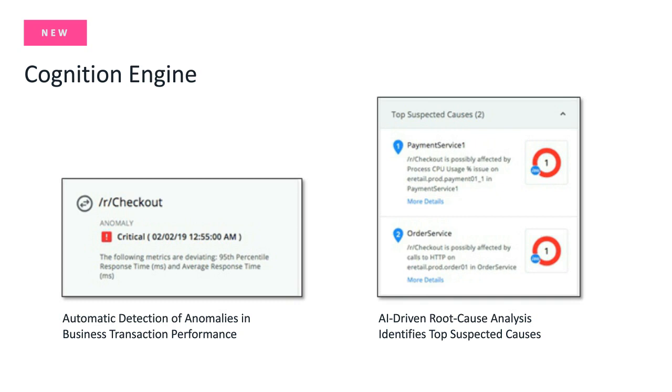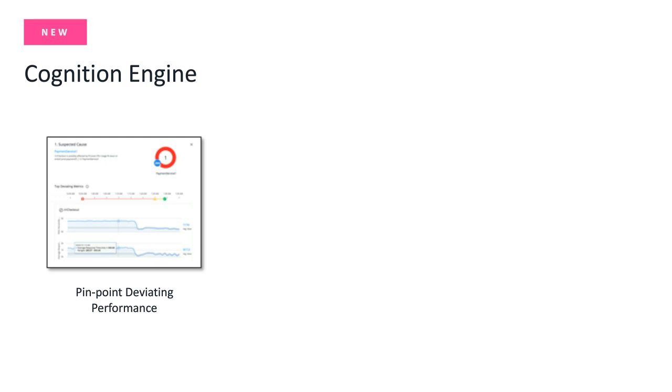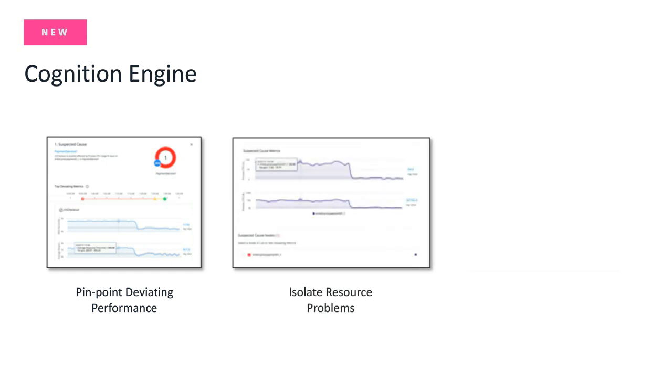So here we can see screenshots from the user interface. And Rob Bolton will be going over the demo of Cognition Engine shortly. Cognition Engine is used to really pinpoint deviating performance, isolate resource problems, and respond with automated actions.